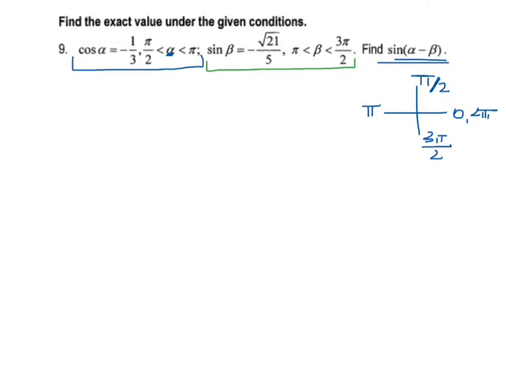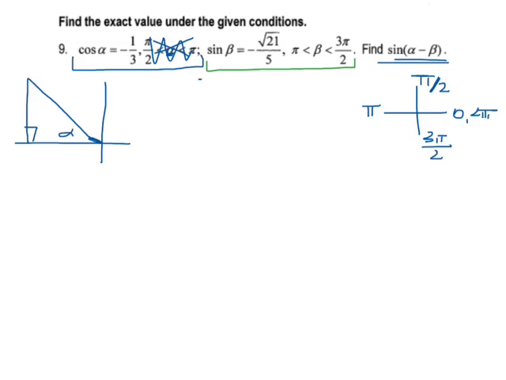So I'm going to go ahead and draw a little quadrant, my right triangle. And if you remember, your angle always is closest to the origin in that corner right there. We don't actually need that information anymore because it's served its purpose. Now when you look at it from alpha, cosine is negative 1/3.